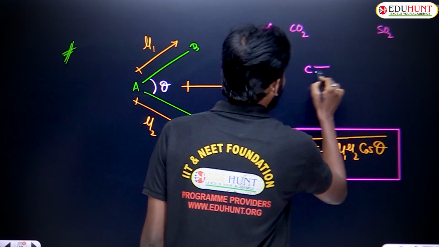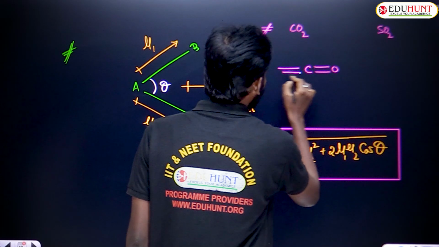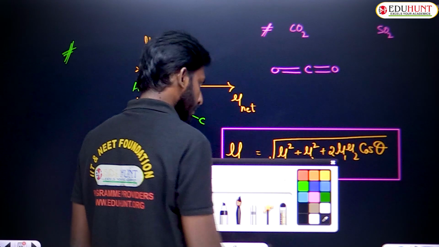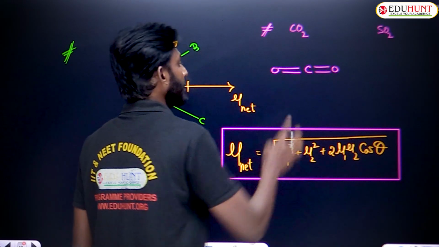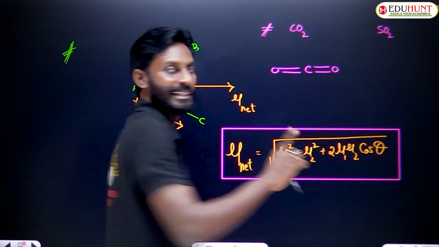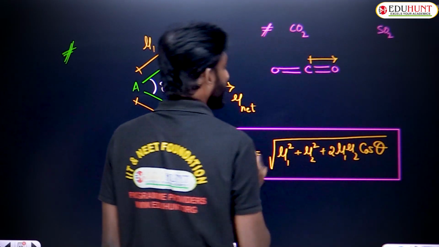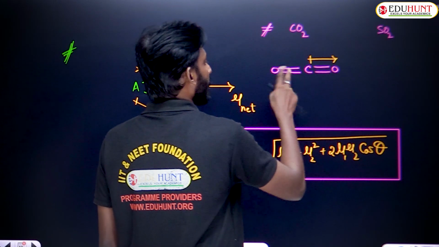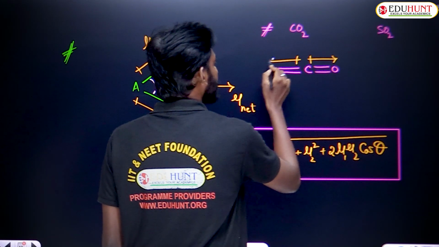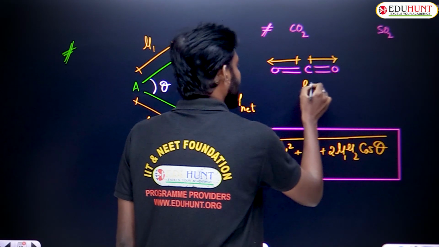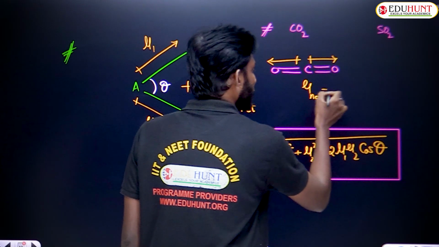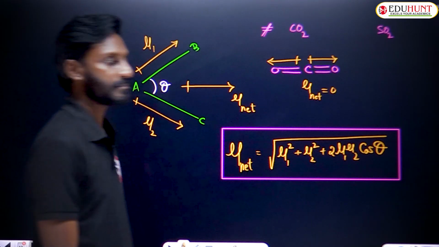You know that the carbon dioxide molecule is linear, and you know very well, compared to carbon, oxygen is more electronegative. Its dipole moment is in this direction, and the dipole moment of this bond is exactly in the opposite direction. So the net dipole moment is going to be 0 here.